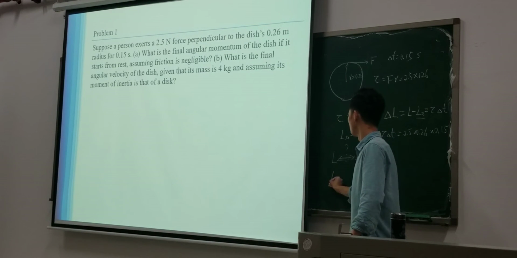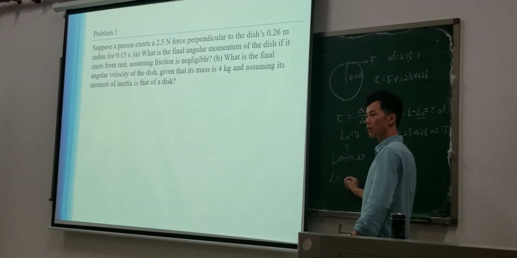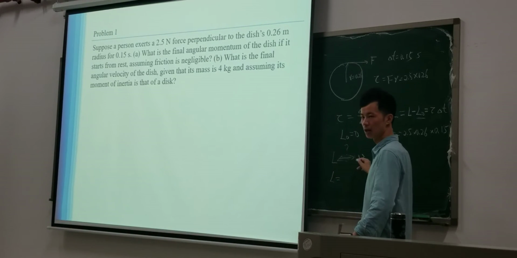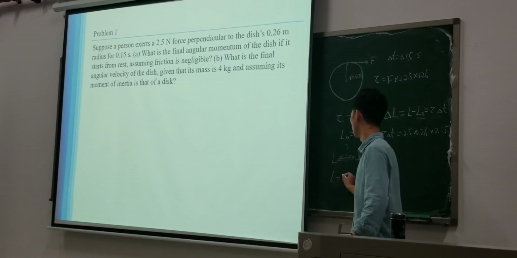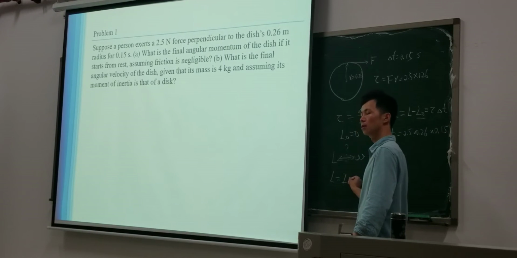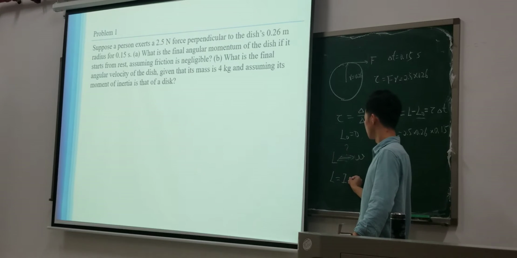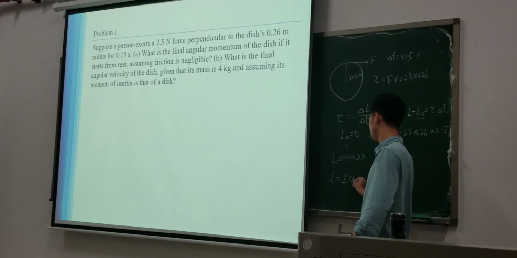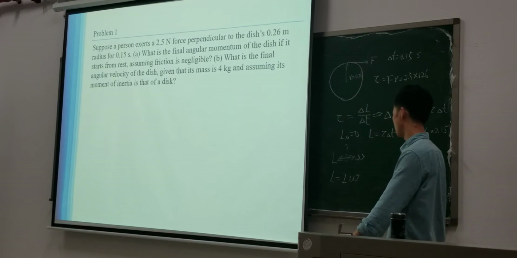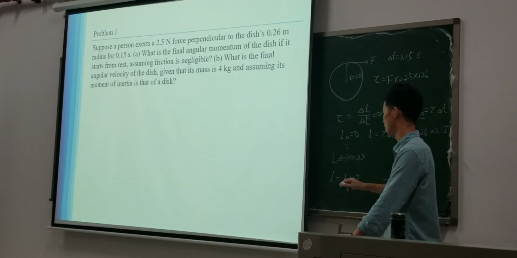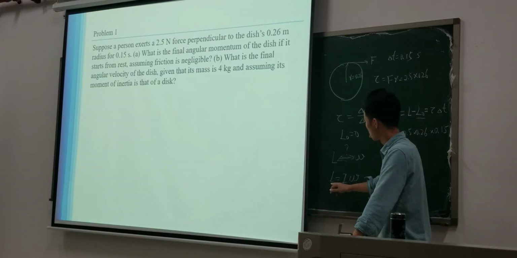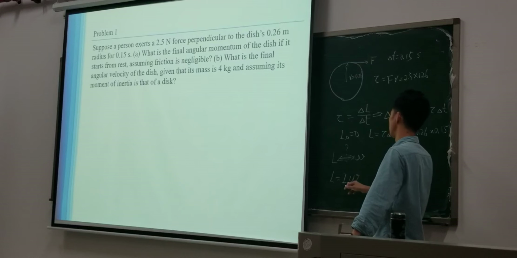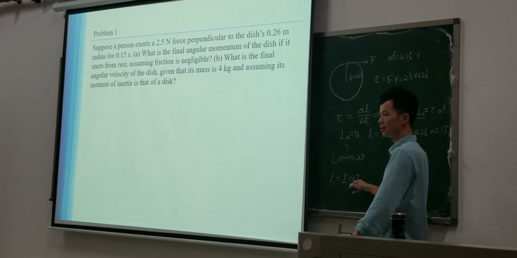If we express L by omega, then L is equal to I times the angular speed, which is omega. So L is equal to I omega, the moment of inertia times the angular speed.